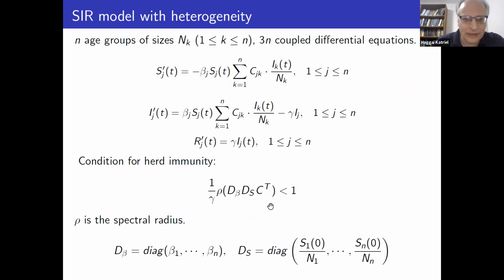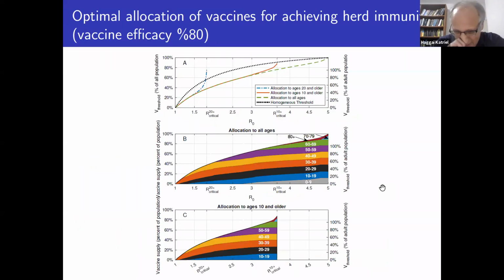related to the contact matrix, and you can manipulate the number of susceptibles that you will vaccinate in each age group, and ask questions like what is the optimal thing to do. And we've done a lot of computations on this question.